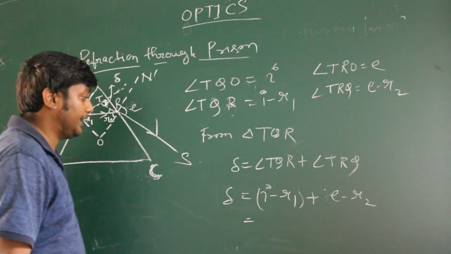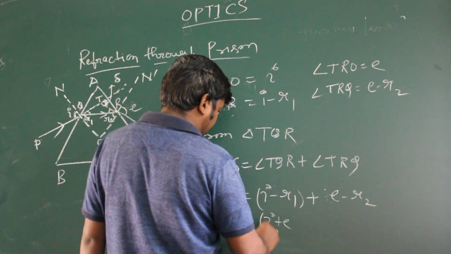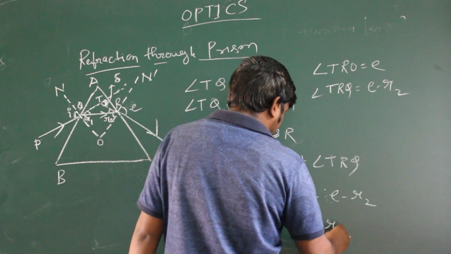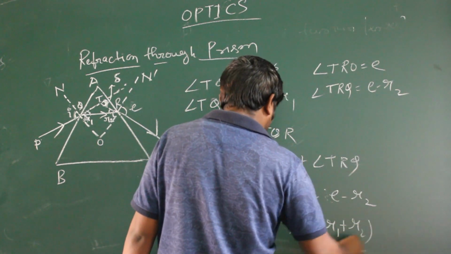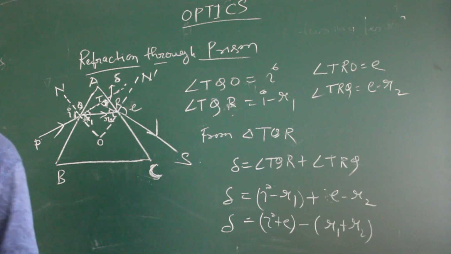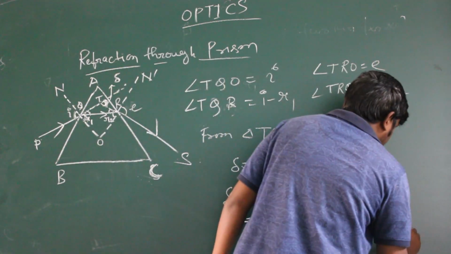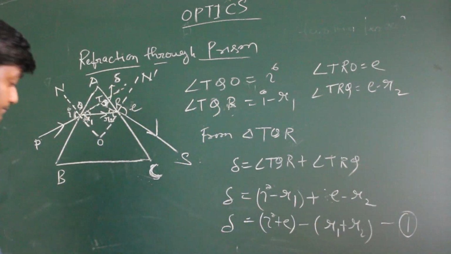So from this we can write delta equals I plus E minus (R1 plus R2). Yes or no? Give it equation number 1.